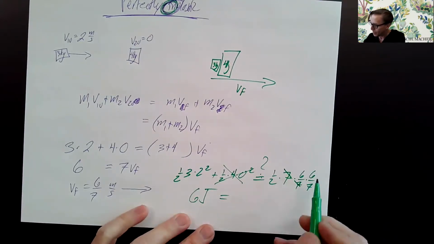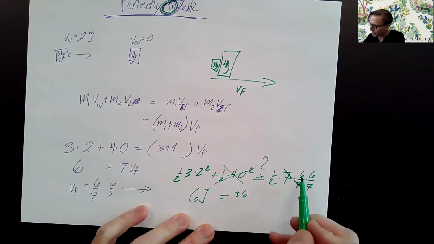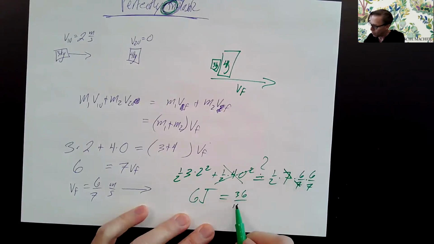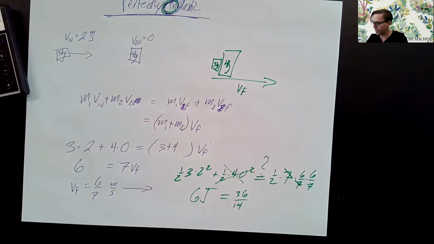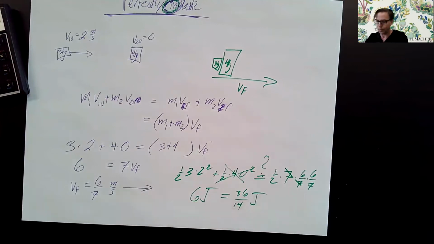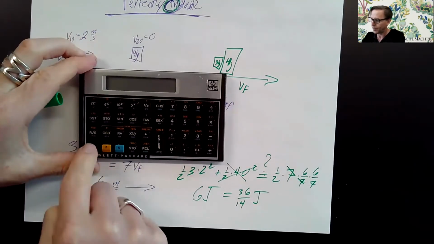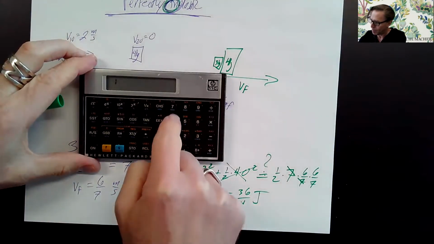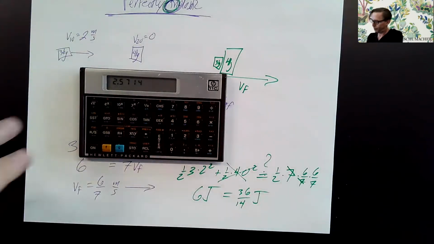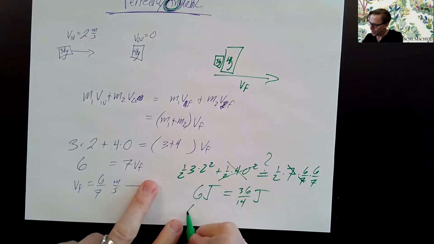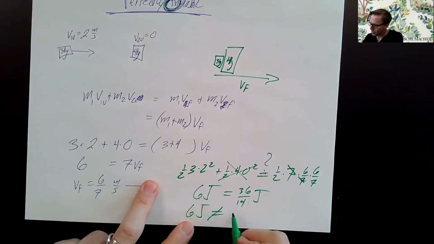I wonder if 36 over 14 equals 6. 36 over 14 joules. Let's look. 36 divided by 14. Nope. 2.57. 6 joules is not equal to 2.57 joules.